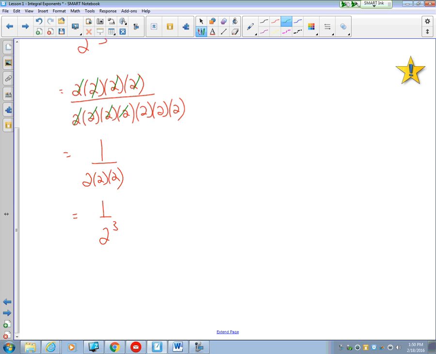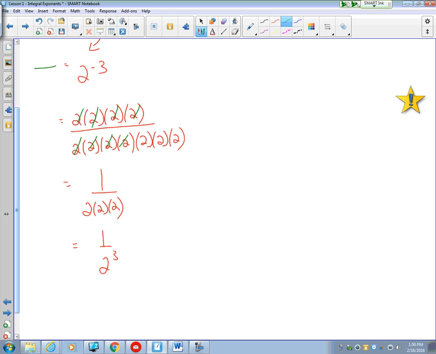Okay? So mathematically what I've just shown is, if I end up with a negative exponent, it's the same thing as the reciprocal. And by that I mean I flip it over. 2 over 1 becomes 1 over 2, and my exponent becomes a positive.